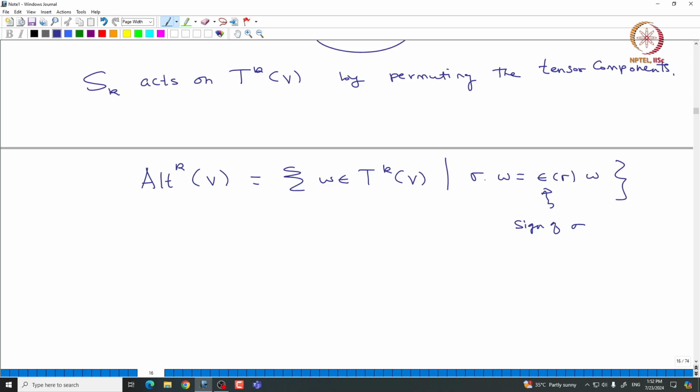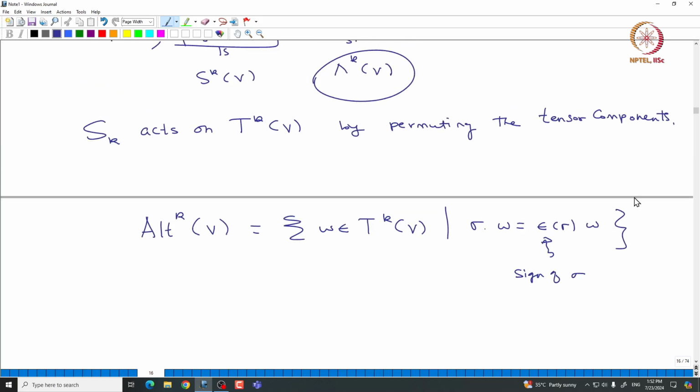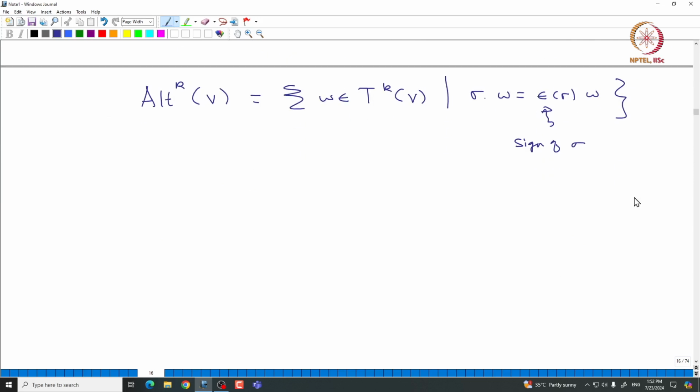So, let us write down that map very explicitly. As before, we have this natural quotient map from T(V) to the wedge V. Now we can take this natural quotient map and restrict it to the alternating tensors.